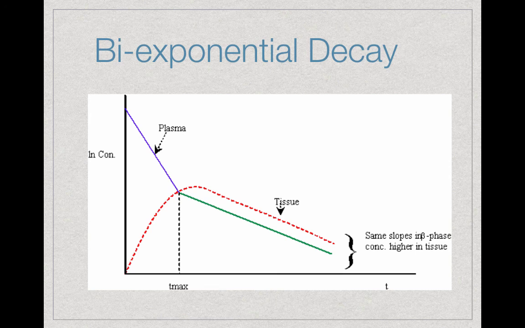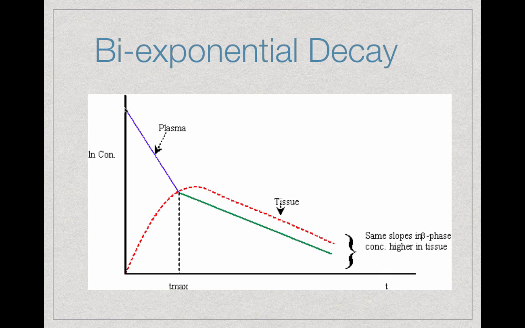And this, when we graph it, is a bi-exponential decay. So what's happening to the concentration of the drug over time in the first compartment is a bi-exponential decay. Again, this is a delta function just like in the first compartment model, and it's an intravenous injection.